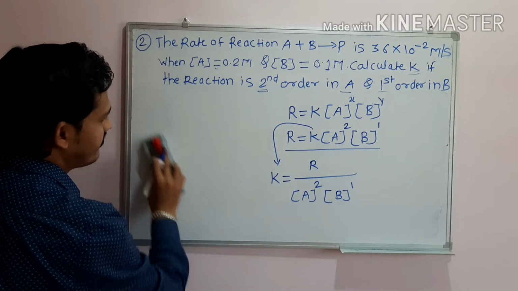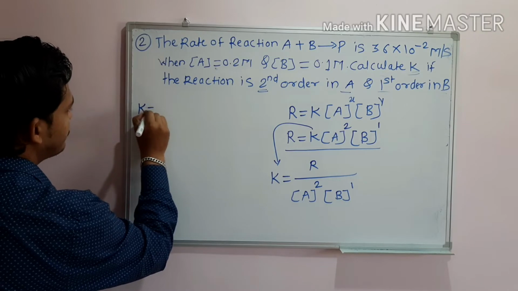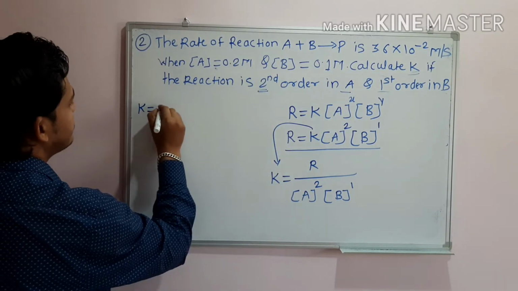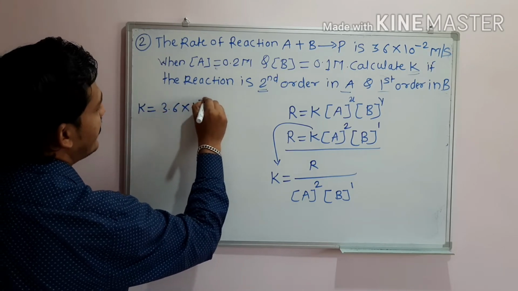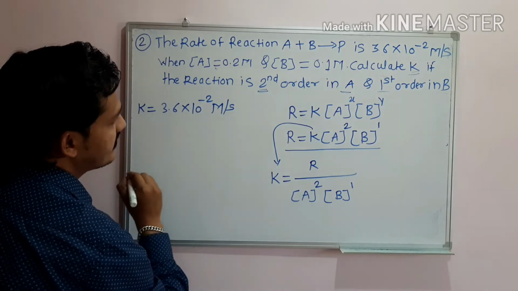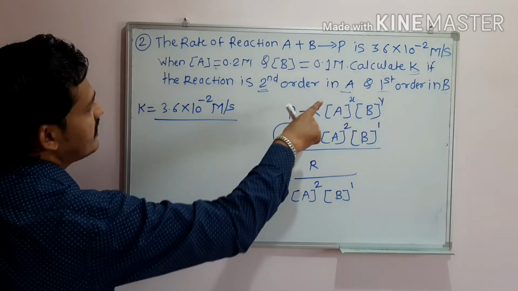Putting the values in the equation we get K is equal to, what is the value of R? I am seeing there 3.6 into 10 to the power minus 2 molar per second divided by, what is the value of A?